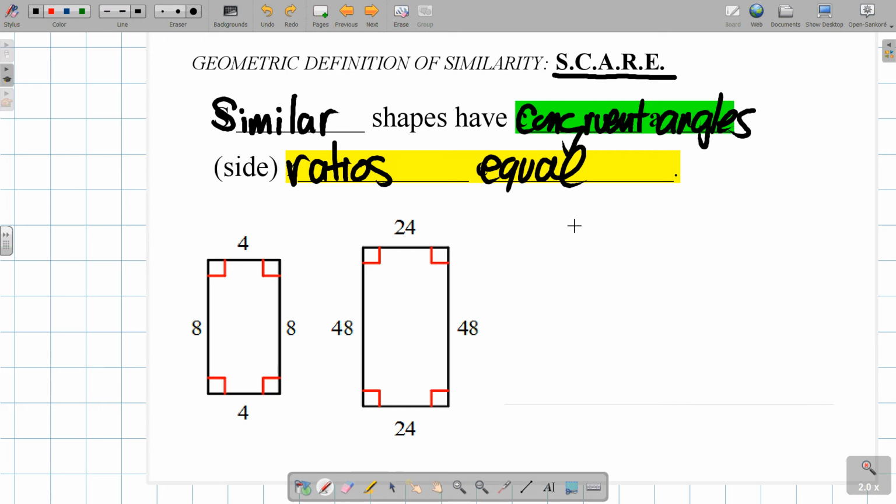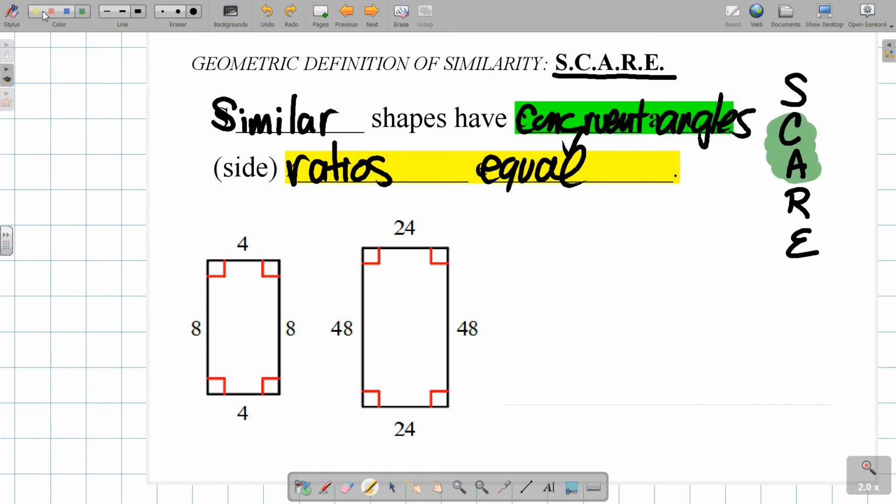Similar shapes have congruent angles, side ratios equal. Let's say it and write the acronym. Similar shapes have congruent angles, side ratios which are equal.